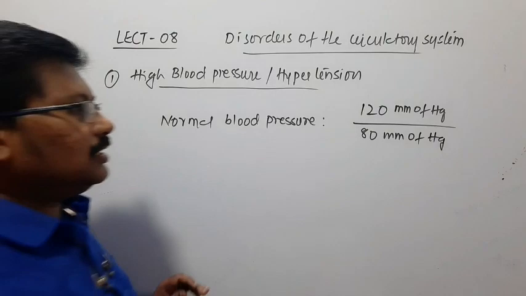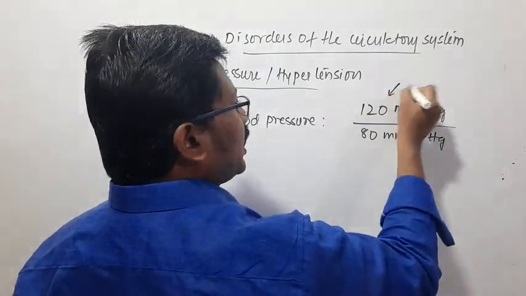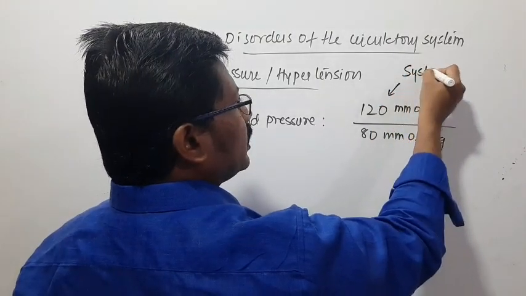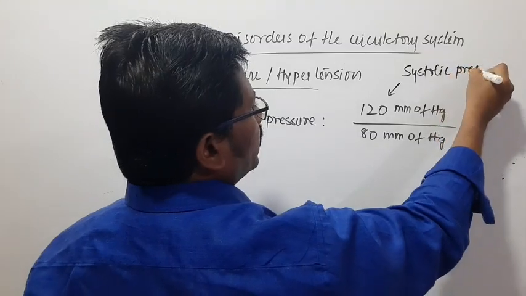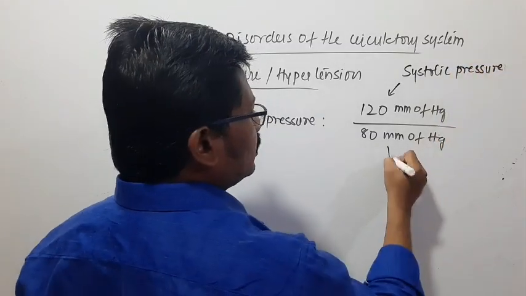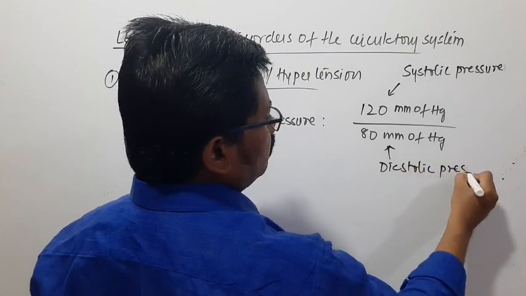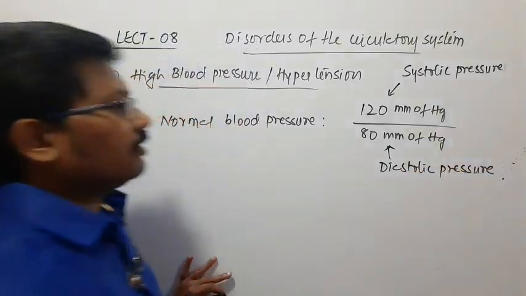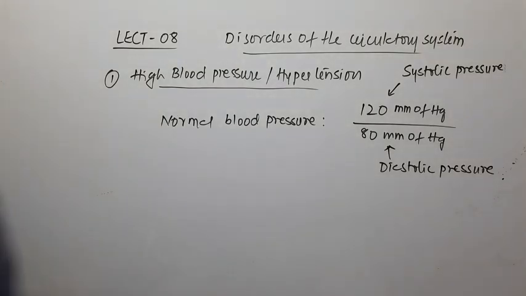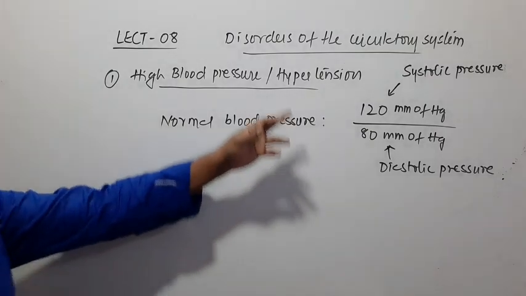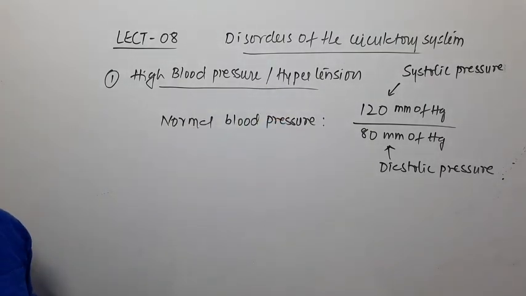Here in the numerator we have the systolic pressure, and in the denominator we have the diastolic pressure. Any values more than this normal value, we will conclude as hypertension, and values below this we will consider as hypotension.